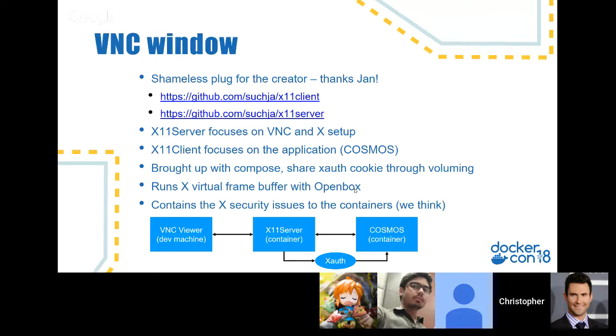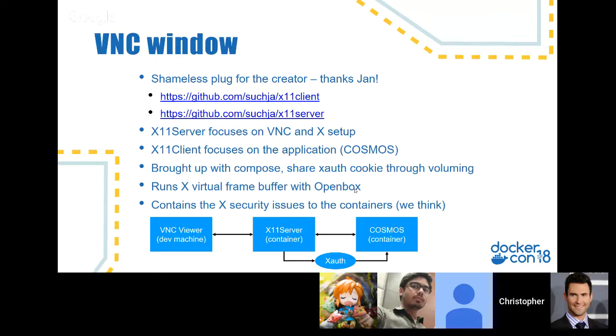We tried a couple of different things. Originally we were using Cosmos natively, and then X-forwarding out of Cosmos, but that doesn't necessarily scale because then you don't have a nice Docker compose file that has everything in it.